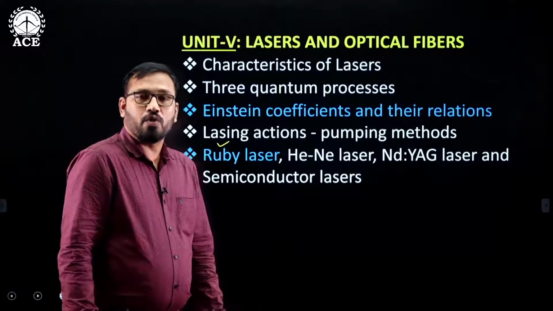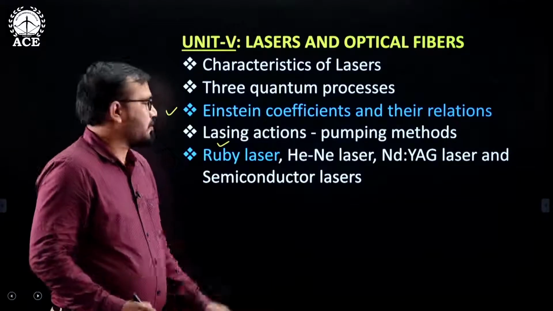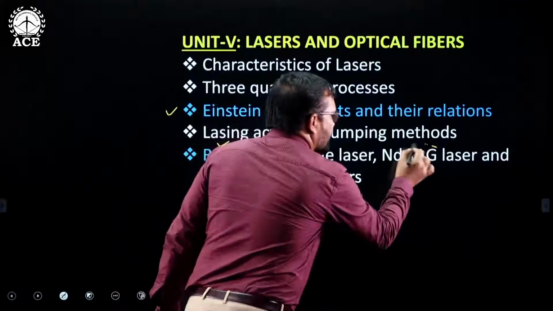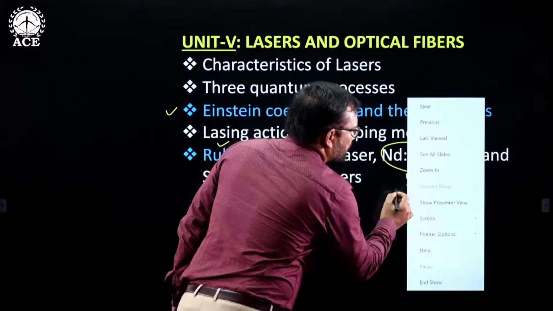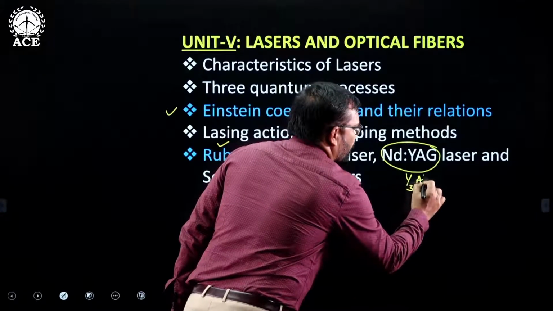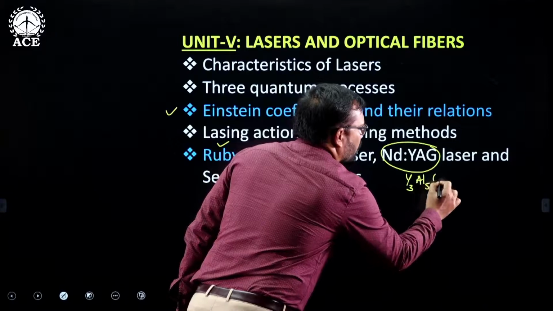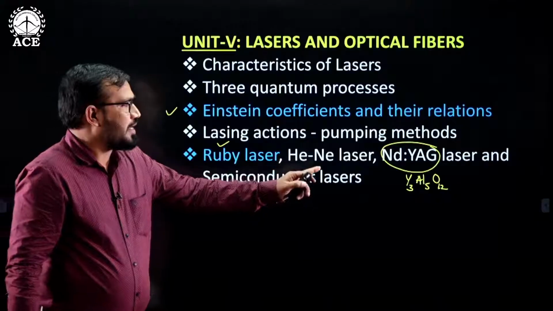Next, the Nd:YAG laser: neodymium, yttrium, aluminum, garnet. Nd:YAG means Y is yttrium, Y3 Al5 O12, that is yttrium aluminum garnet laser.